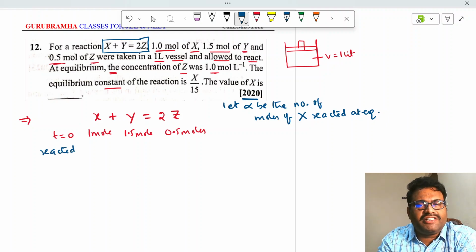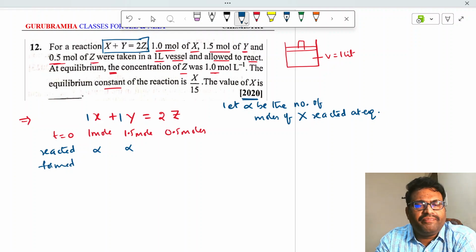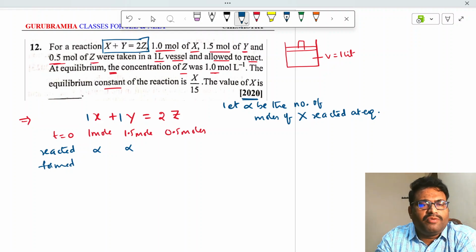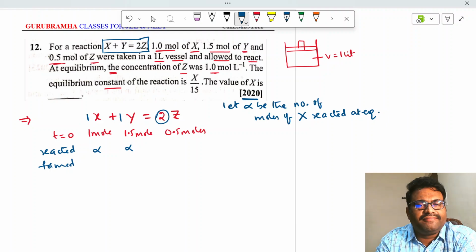X reacted is taken as alpha. Here it is 1 mole to 1 mole, so y reacted will also be alpha. Formed: 1 mole of x on reaction gives you 2 moles of z. Alpha moles of x on reaction gives you how many moles of z? 2 into alpha.